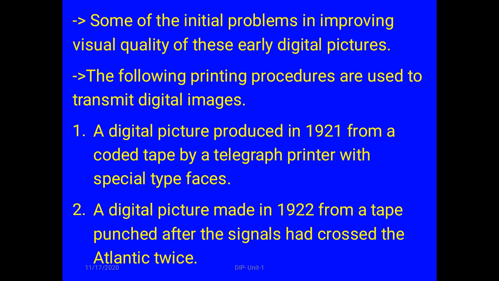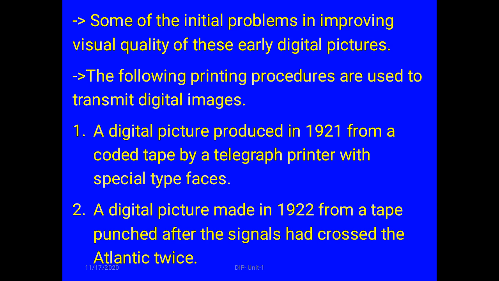Next, some of the problems were improving the visual quality of these early digital pictures. The following printing procedures were used to transmit digital images, that is, converting an analog image to a digital image.